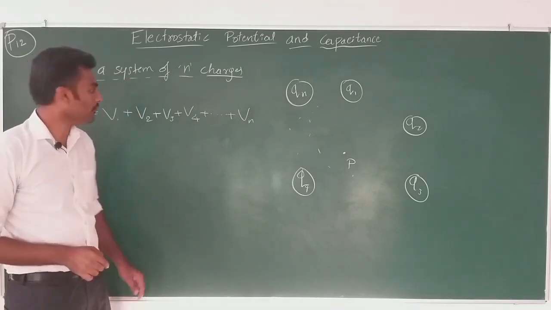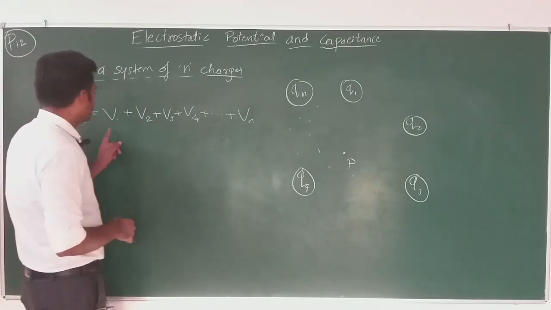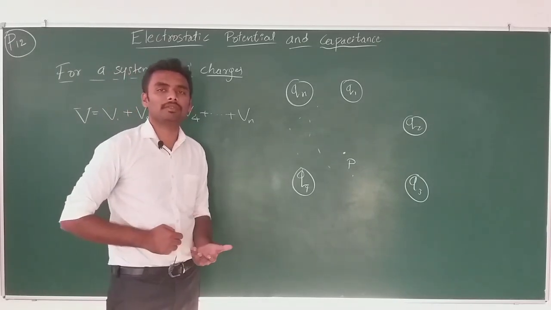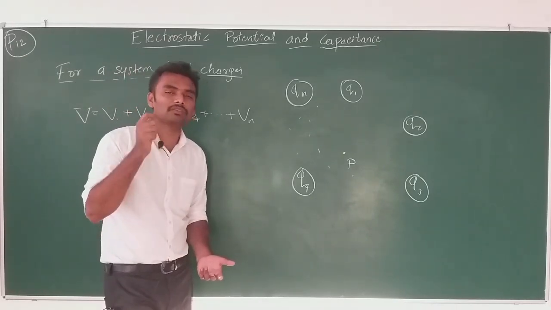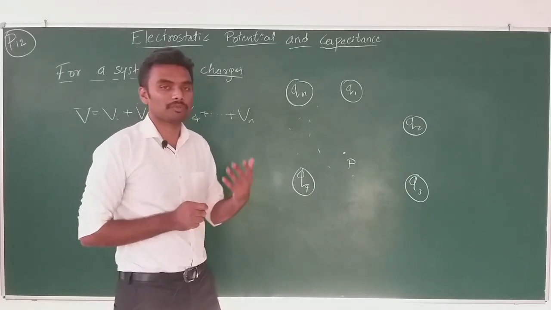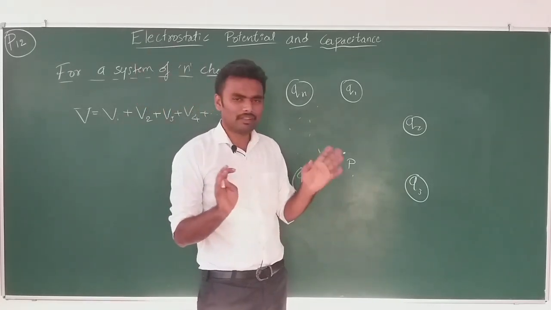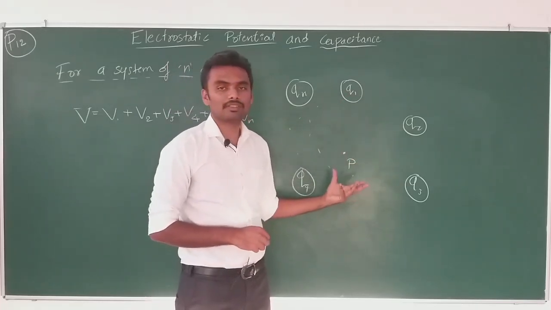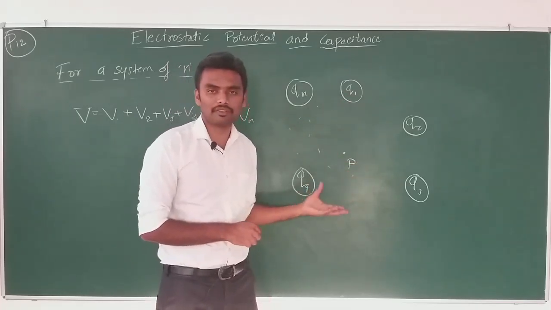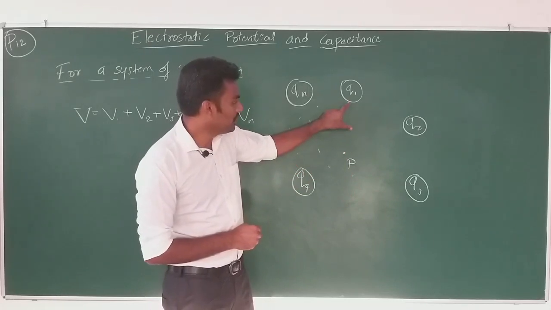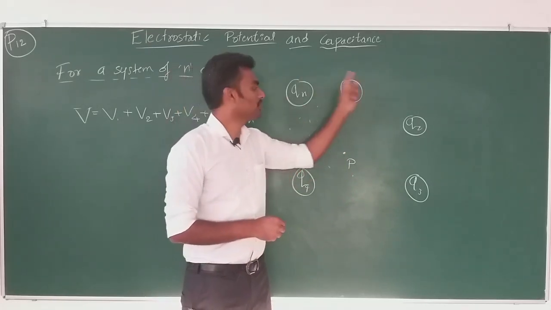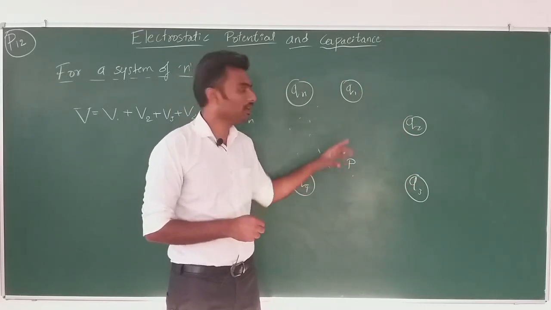Following? Now, what are these V1, V2, V3, V4? Now, this is actually again with the implementation of the superposition principle. You should be aware of what the superposition principle is. It is very simple. When you have a system of charges, or n number of charges in the given system, the potential due to a single charge is not affected by the potential due to the other charges, right?